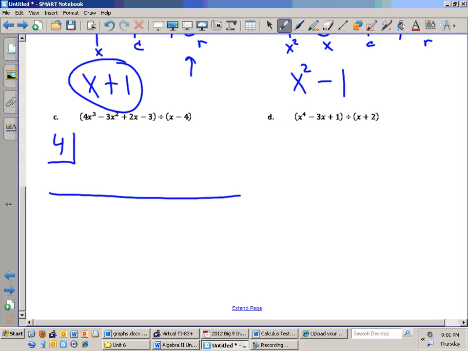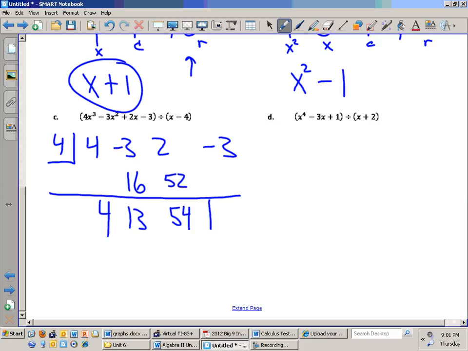Four. 4x to the 3rd, negative 3x squared is 2x minus 3. Drop down the 4, multiply. 16. Negative 3 plus 16 is 13. Multiply 52. 2 plus 52 is 54. Multiply 216.